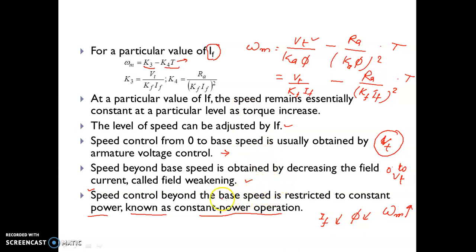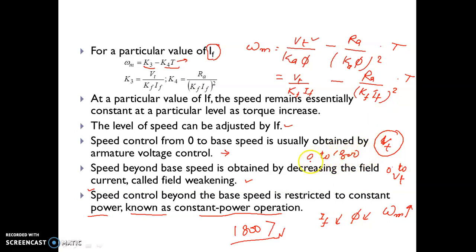With this method we can control the speed only above the rated speed, suppose 1800 rpm, and in the armature terminal control we can go from 0 to 1800. So here the speed control method is very smooth.